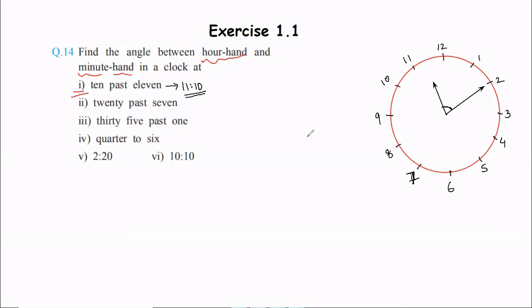For explaining the concept in a better way, each division in the clock makes how much? 30 degrees.